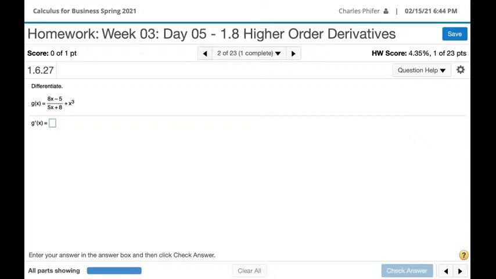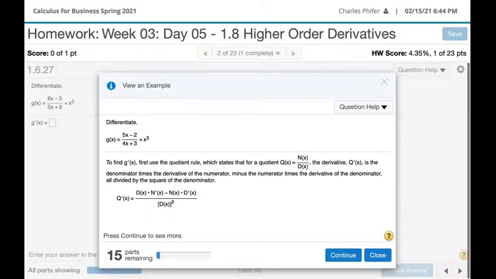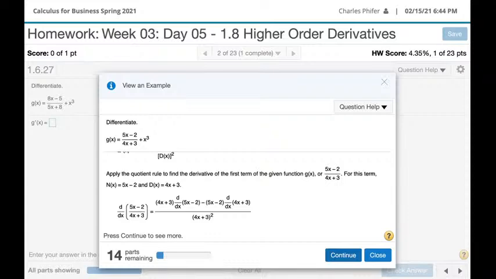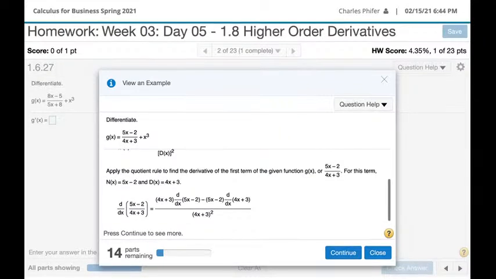I'm not going to do this one right now, just for the sake of time. I want to just see if they combine it into one first. So they just took the derivative of the first term. Yeah, you can keep them separate. So they just did high D low minus low D high over low low. They do it for the first one. I'm going to let that be. I think the rest is not too bad.